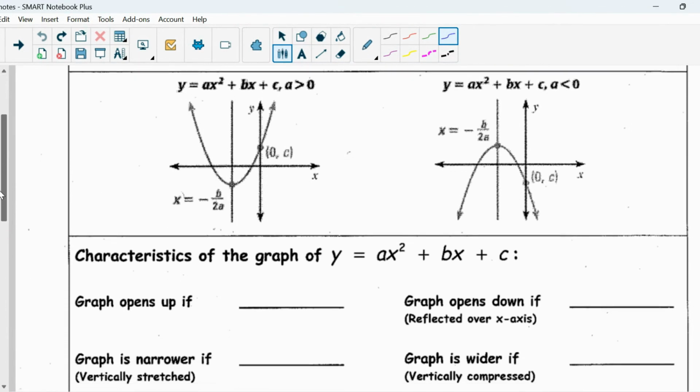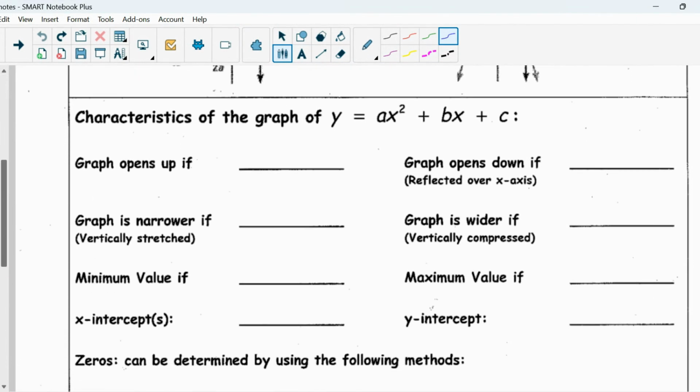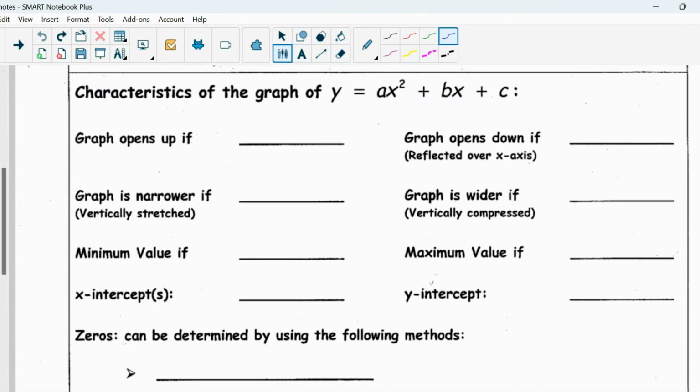So that leads us to the characteristics of your graph. First thing here, when a is greater than 0, your graph is going to open up. Well, when a is less than 0, your graph will open down or reflect over the x-axis. Okay, this is what we saw in the examples above.